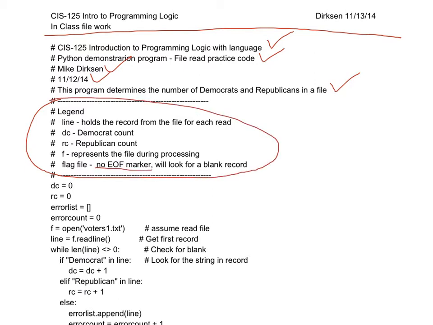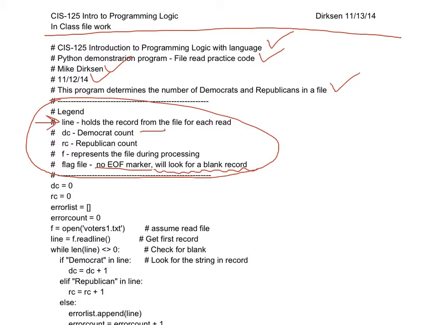No end of file marker. We're going to look for a blank record. Line is reading in a line, not code, excuse me, really a line, a record. We're going to read each record, okay.